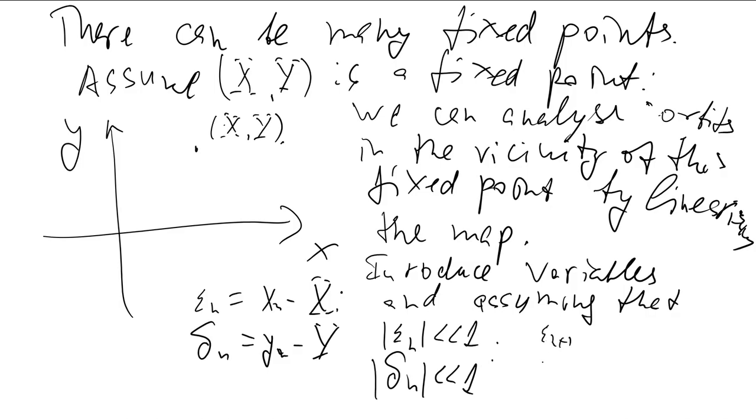Epsilon n plus 1, delta n plus 1, this is a vector, equals some matrix which is called the Jacobian times epsilon n, delta n.